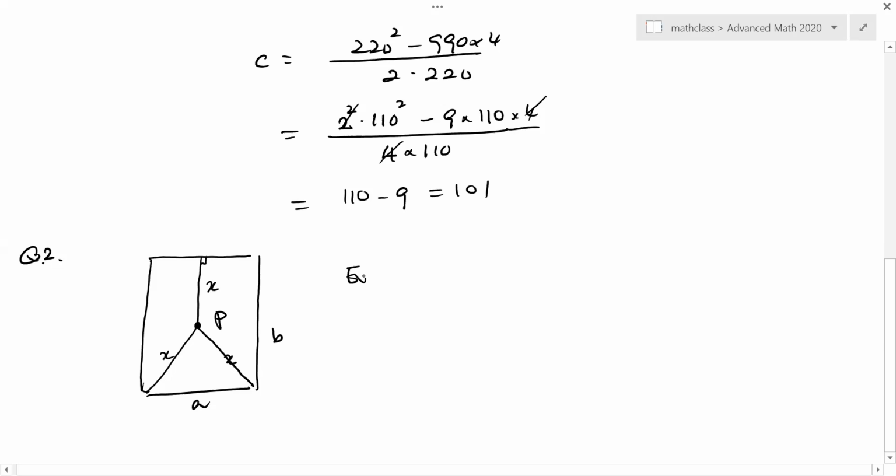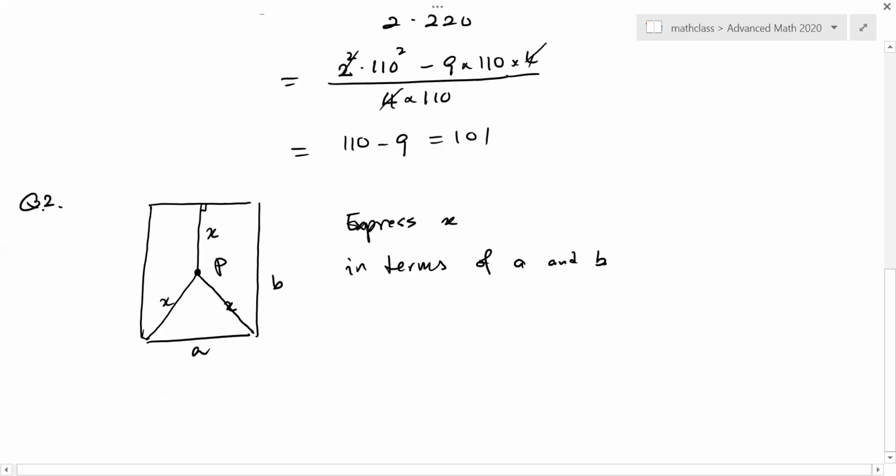Express X in terms of A and B, and then you can get a general formula. It could be a square, it could be a rectangle. You can figure it out as X.